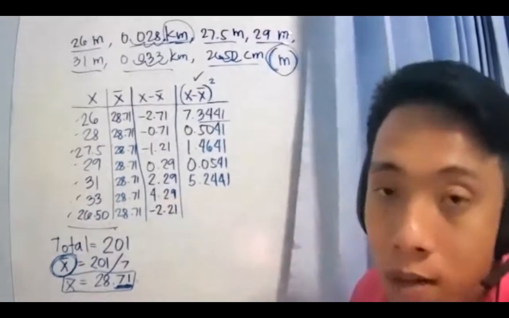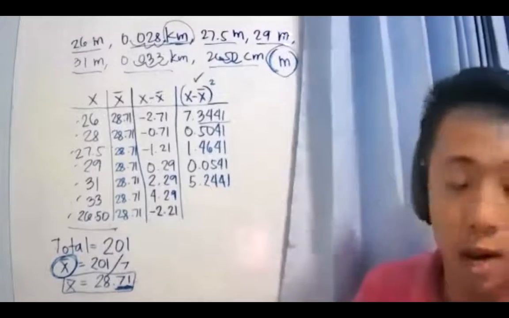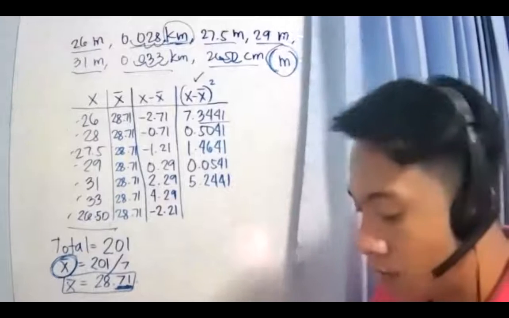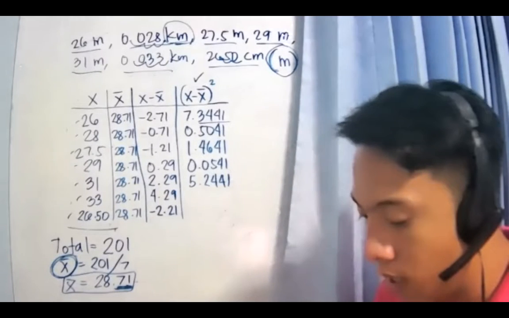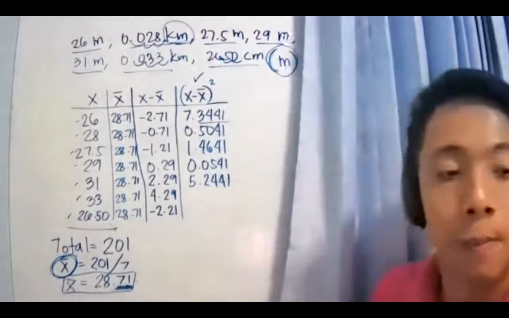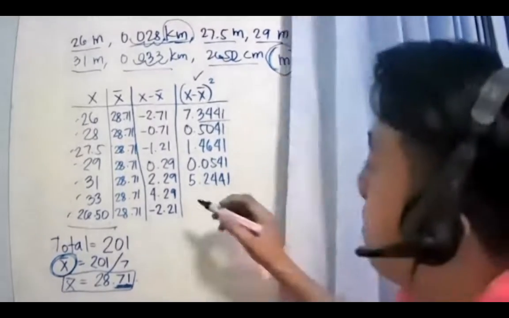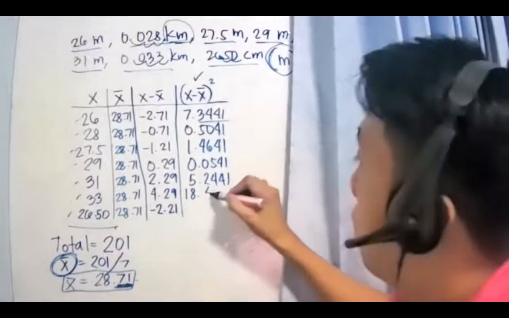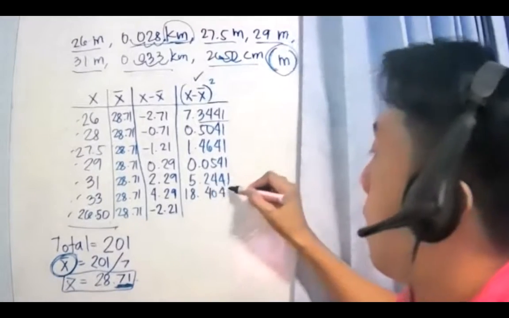4.29 squared. 4.29 times 4.29. Ayun pala yung malaki. Okay, the answer is 18.4041.